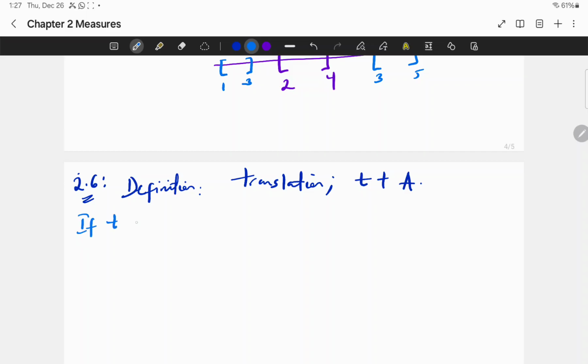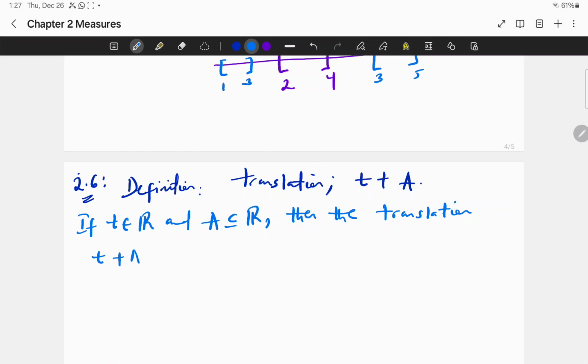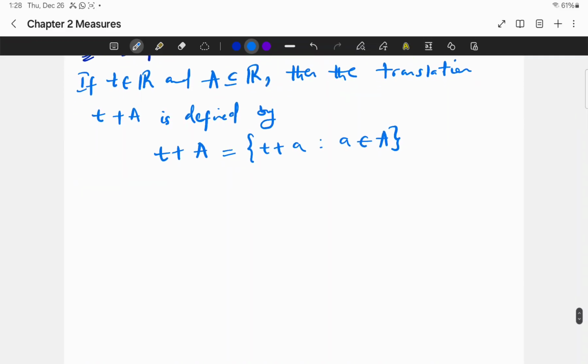If t belongs to R and A is a subset of R, then the translation t plus A is defined by t plus A equals the set of t plus a such that a belongs to A. So we also have to introduce translations into our outer measure, and that we are going to label as 2.7.